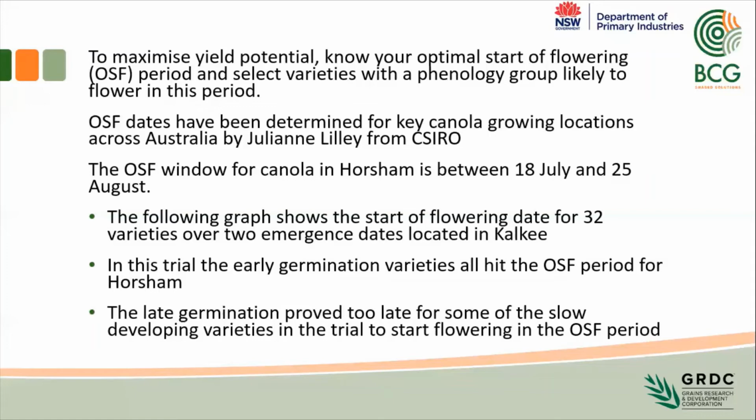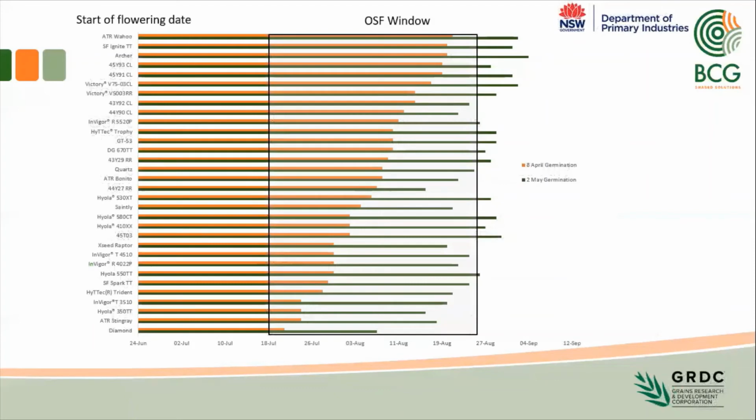I'll just flick across to this little graph here for you. This is just a visual display of what I was saying there. Across the bottom on the x-axis, we've got our dates, and we've overlaid the optimal start of flowering window for Horsham. Up the y-axis, we've got a selection of 32 of the varieties that we had in the trial at Kalkee, and where the bar stops indicates when that variety got to its 50% flowering, so it started flowering.